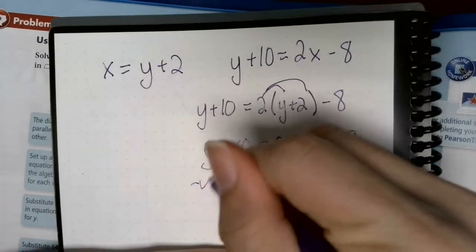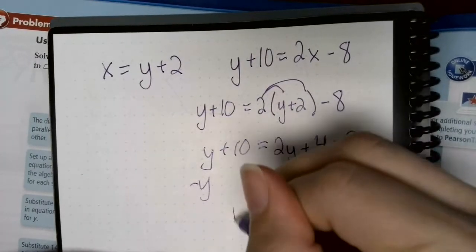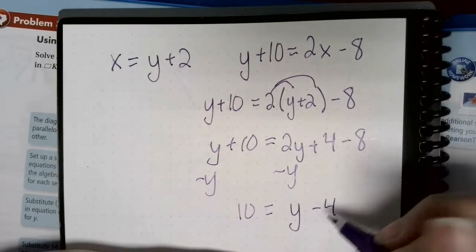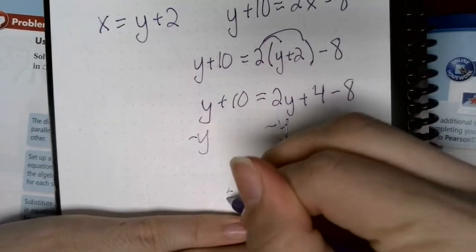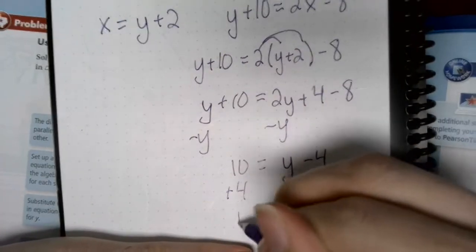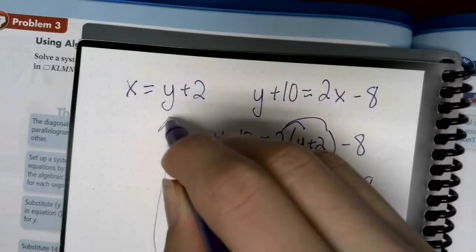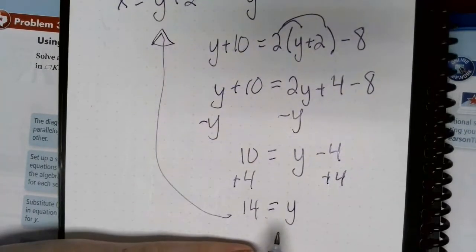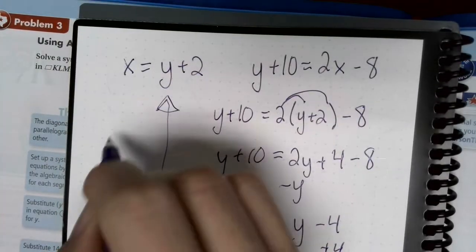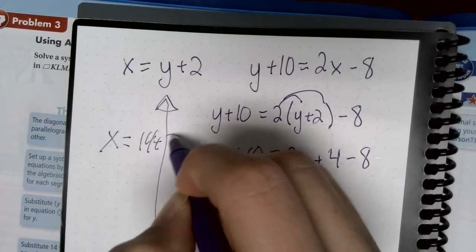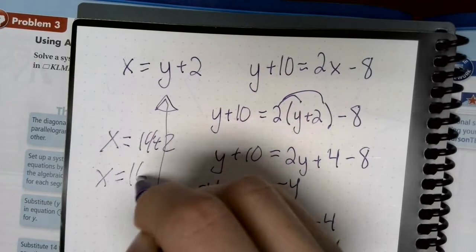So I'm going to move this y over, and I'm going to combine those two. Okay, so now I have y. That's going to be negative 4. I'm going to add that 4 to get y equals 14. Now I could plug that back in to this other equation. If I know y equals 14, y plus 2 is going to equal x. So x is going to equal 14 plus 2, which is going to equal 16.